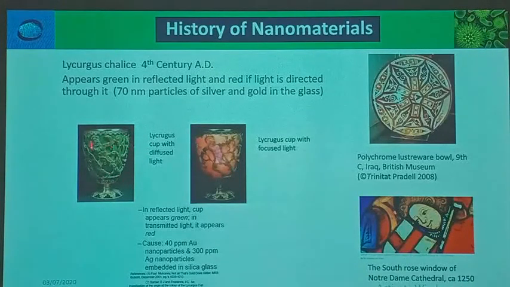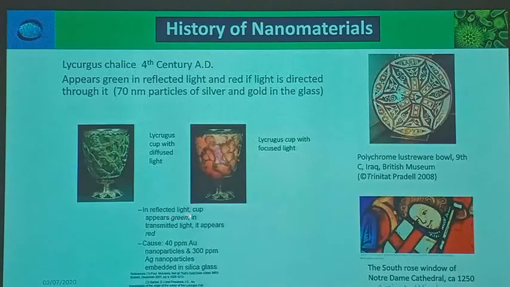When you illuminate this cup from the front side, you will find its appearance is partly green. When you illuminate it from the back side, you will find its appearance is red. That's nothing but the use of silver and gold nanoparticles embedded in the glass. That's why it changes its optical properties.